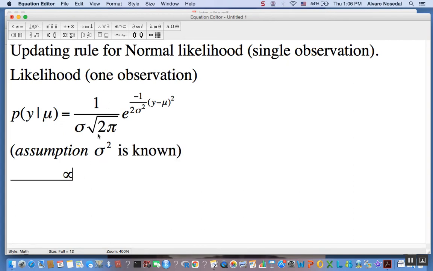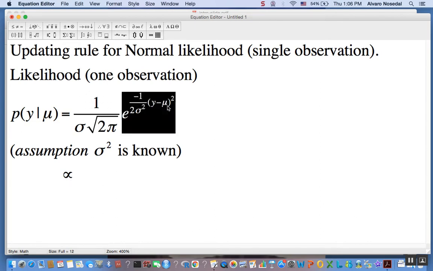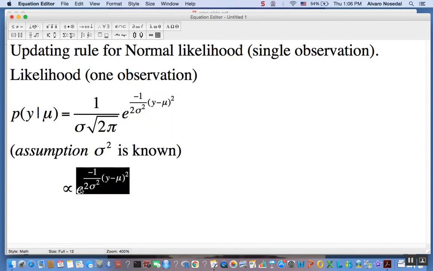Then that term is just a constant. So our likelihood is proportional to that exponential.